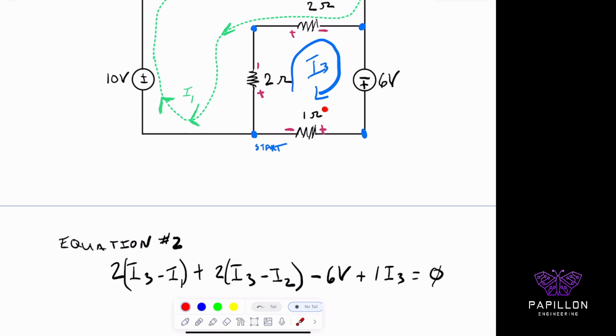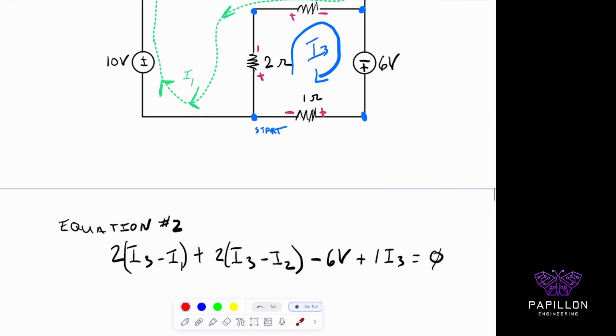And then finally it would be plus 1 times I3, because the 1 ohm resistor is not being shared among any other meshes, so strictly just 1 times I3, and there it is. I have my second equation. I'm pretty close now to being done.